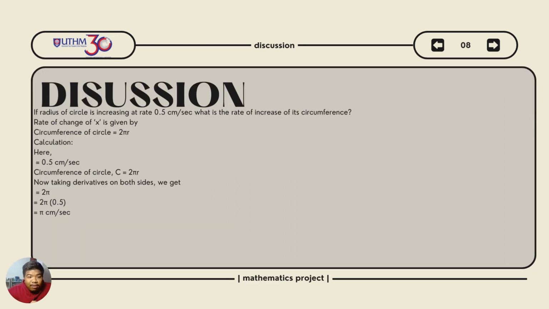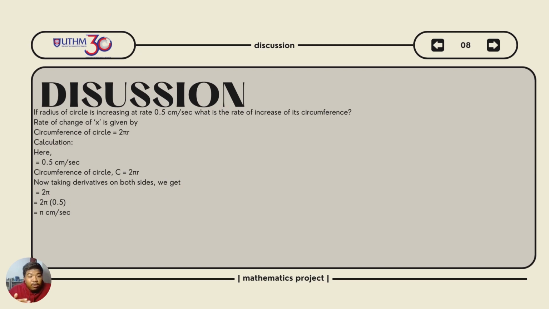The next question is, if the radius of a circle is increasing at the rate of 0.5 centimeter per second, what is the rate of increase of its circumference? The circumference of a circle is C equals 2 pi r.